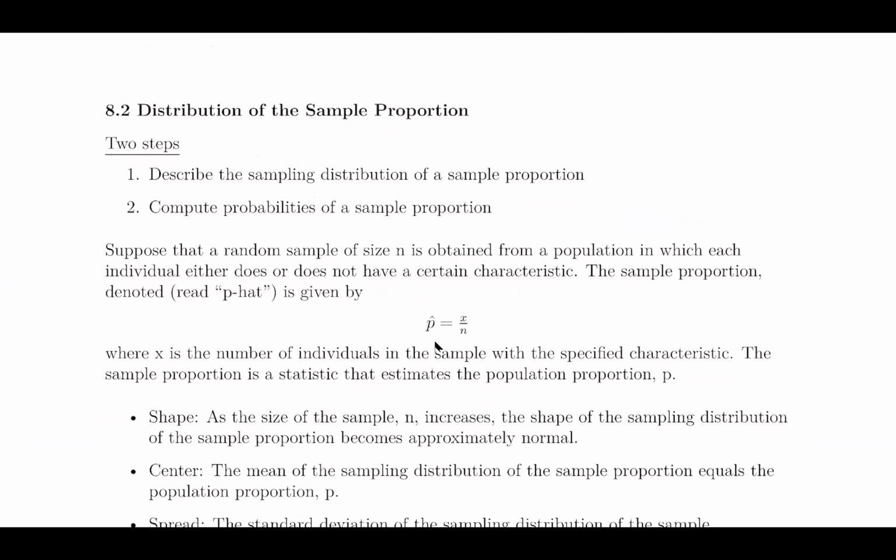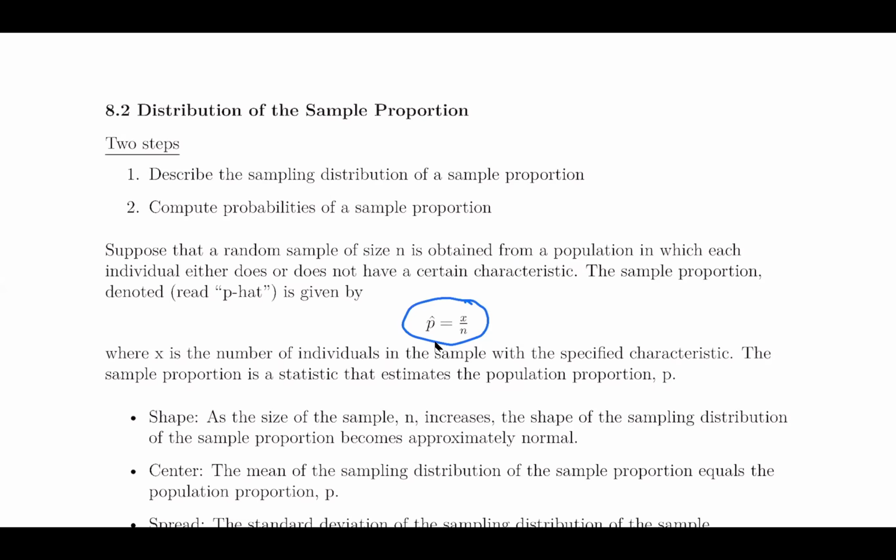First thing, let's get some basic formulas. We have p hat. The way that you find p hat is x divided by n. X is how many objects have a certain characteristic. N is your entire sample size. Imagine I want to find the proportion of females in this classroom.